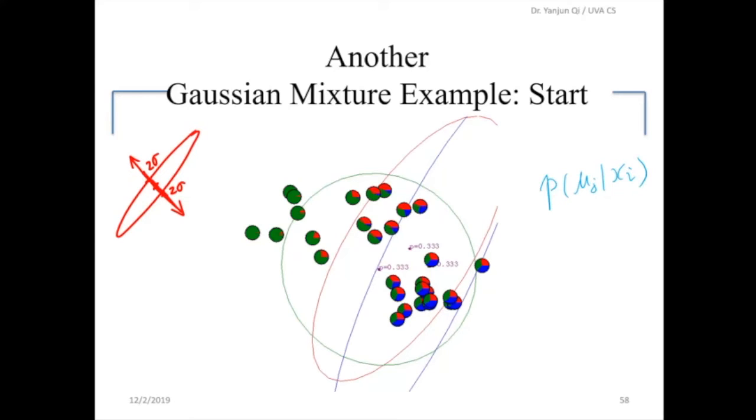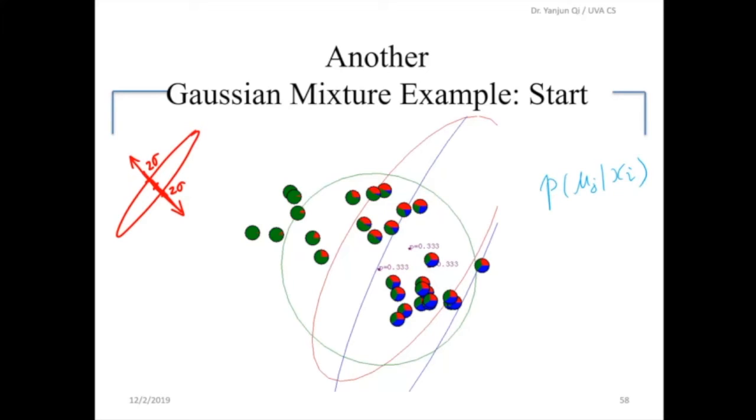This makes all the points here mostly belong to the green cluster, because the blue is so narrow, and the red is also so narrow around that direction.